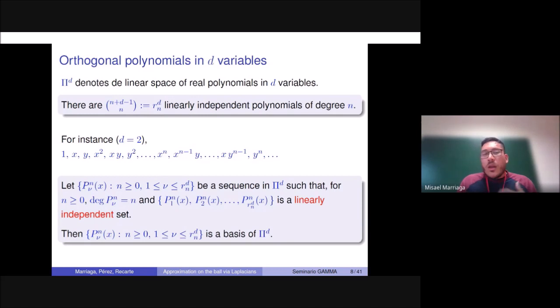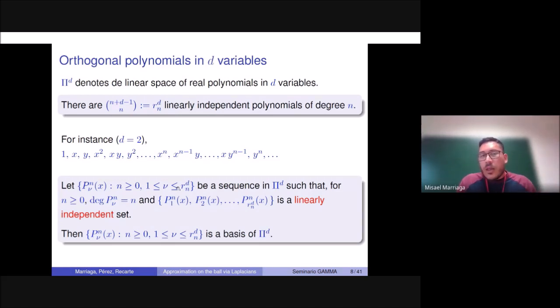I'm going to consider sequences of polynomials, where here I'm denoting by p super n those polynomials of total degree n, and I'm considering sequences where there are as many linearly independent polynomials of the same degree as monomials of degree n.